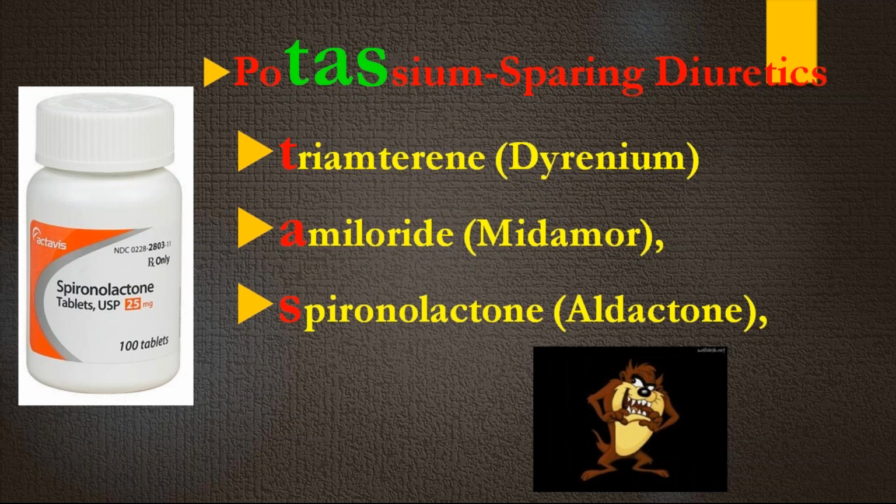So they produce hyponatremia but can lead to hyperkalemia. Meanwhile, the thiazides and the loops can produce hypokalemia and hyponatremia. But the TAS, the potassium sparing, produce hyponatremia, similar to the previous, but also hyperkalemia. Okay, so that is about that.